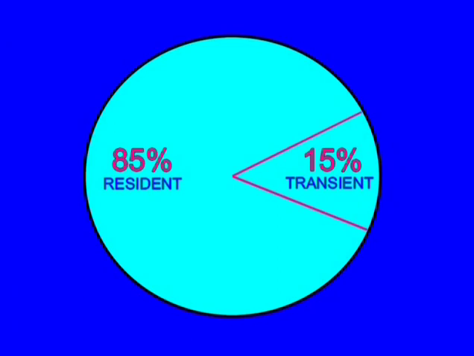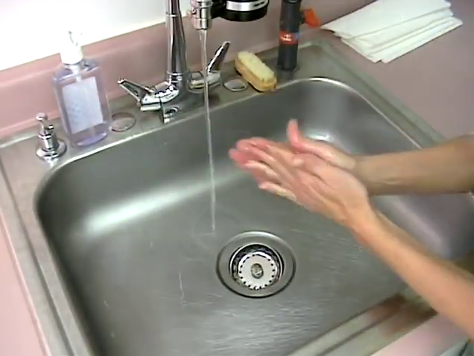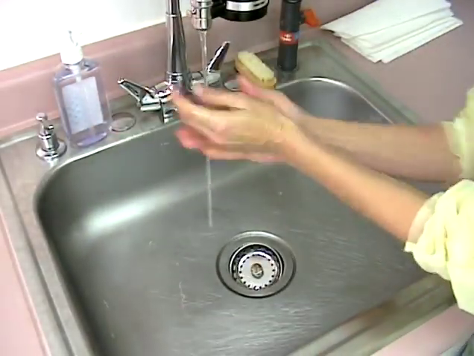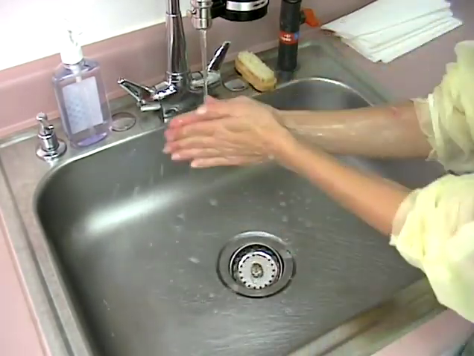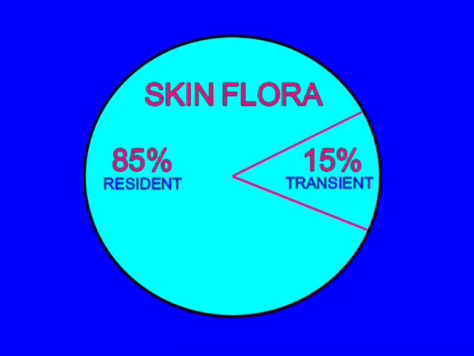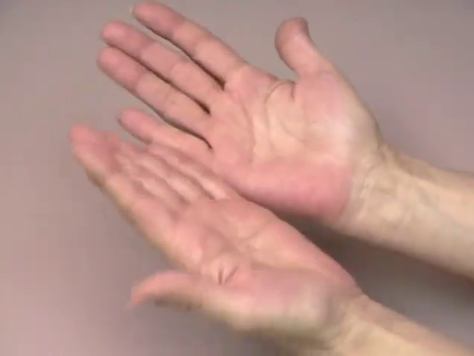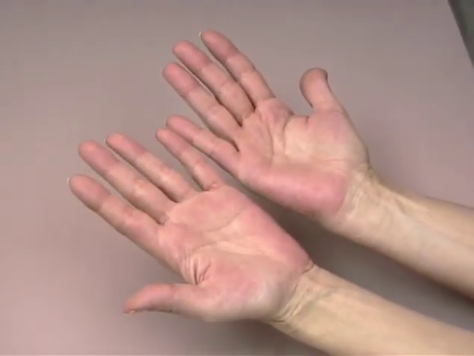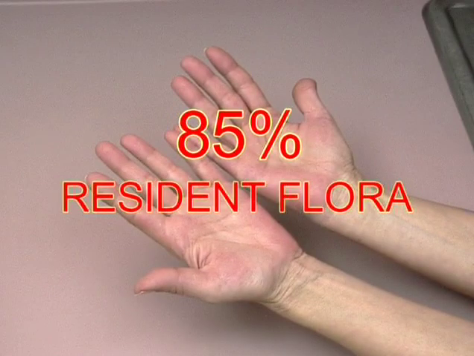The resident flora constitute 85% of this burden and reside deep in the follicles, pores, and sebaceous glands. These flora are not affected by even the most thorough hand washing and begin to replenish skin surface contamination minutes after washing, until very soon the contamination burden returns to the same levels which existed before washing. Regardless of the degree to which they are washed or disinfected, the bare hands will, therefore, retain at least 85% of their total microbial contamination.